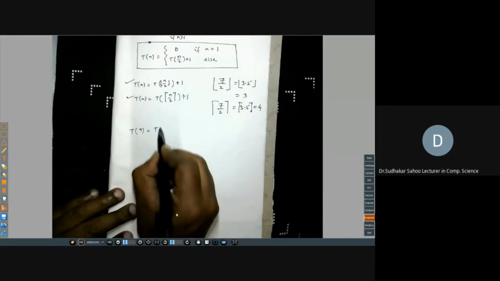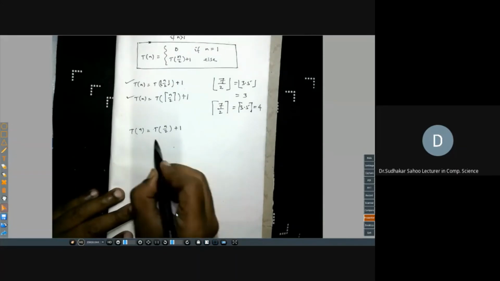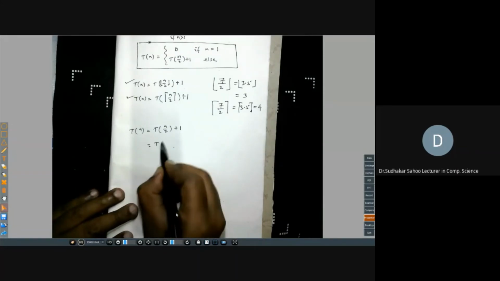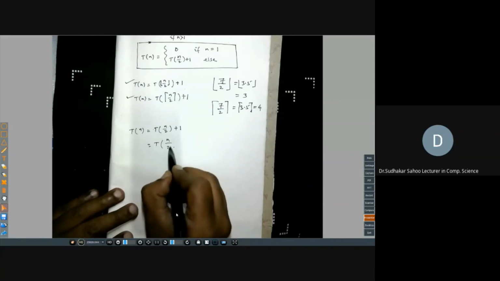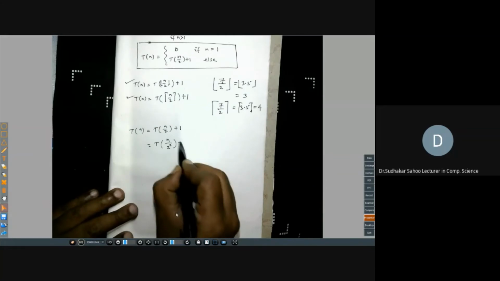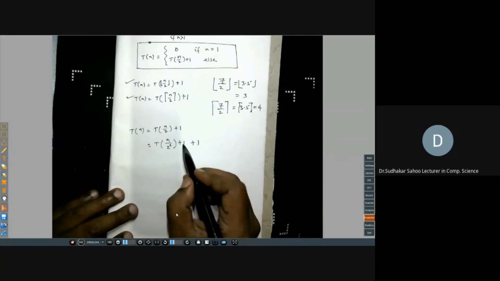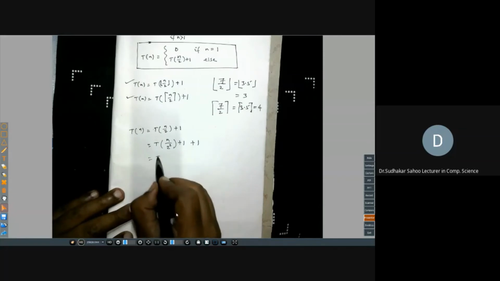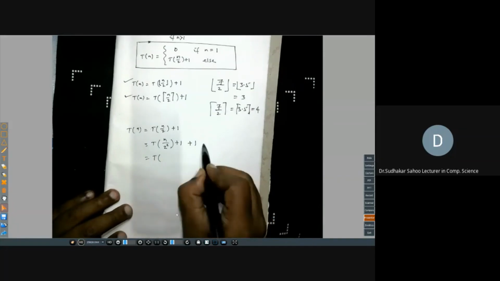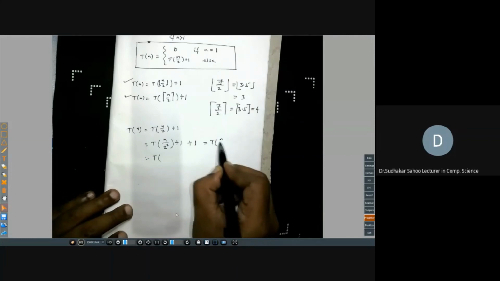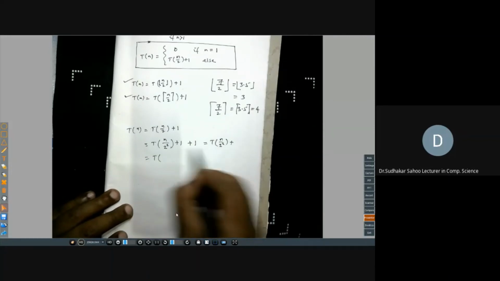T(n) equal to T(n/2) + 1. Again, T(n/2) means T(n/2^2) + 1. Again this plus 1. So this is T(n/2^2) + 1 + 1, which is 2.